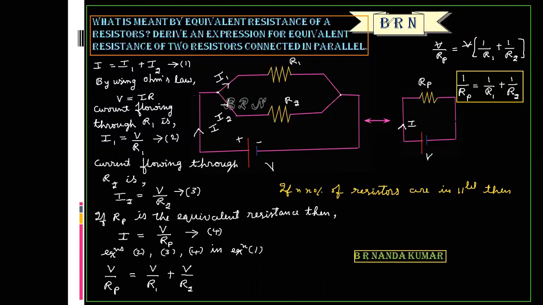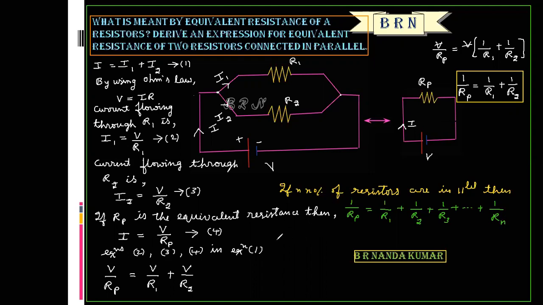This is very important. 1 divided by RP is equal to 1 divided by R1 plus 1 by R2 plus 1 divided by R3 plus so on up to 1 divided by Rn.